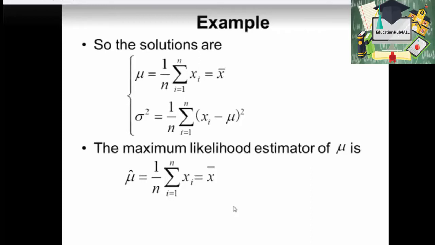Can you see it? Be focused. You remember here, your degree of freedom is n minus 1. Now it becomes n. So that's the difference between the MLE of the variance and the sample variance.